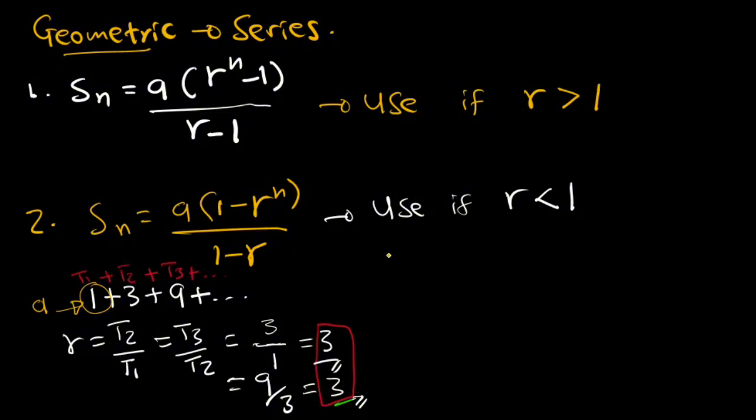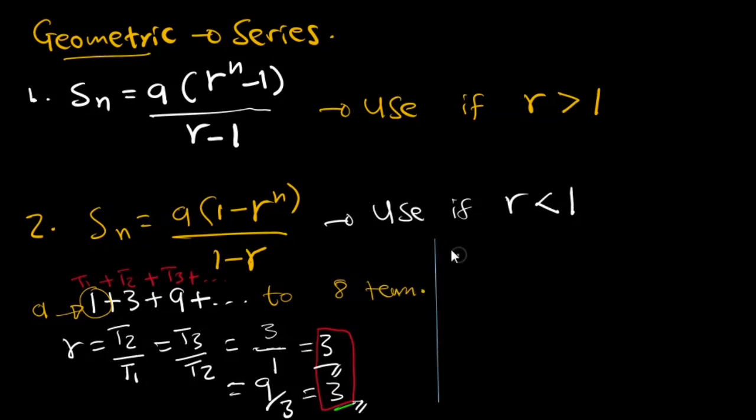Now, if the question says evaluate the sum of the first 8 terms of the following: 1 plus 3 plus 9, etc. Automatically, you know this is the value of n, 8. This is what it means to say 8th term, right?